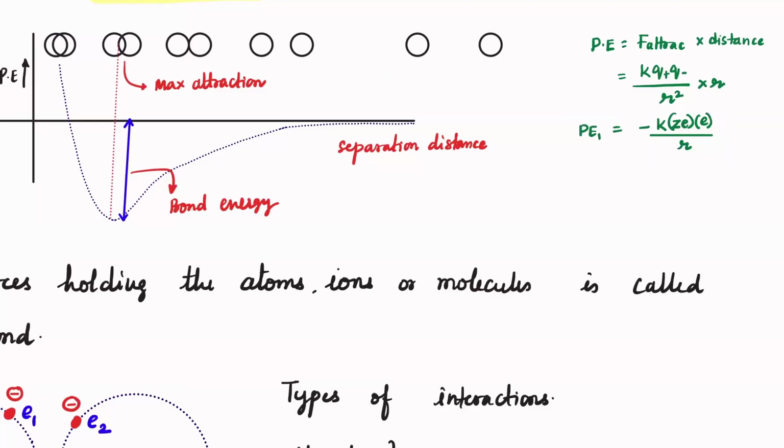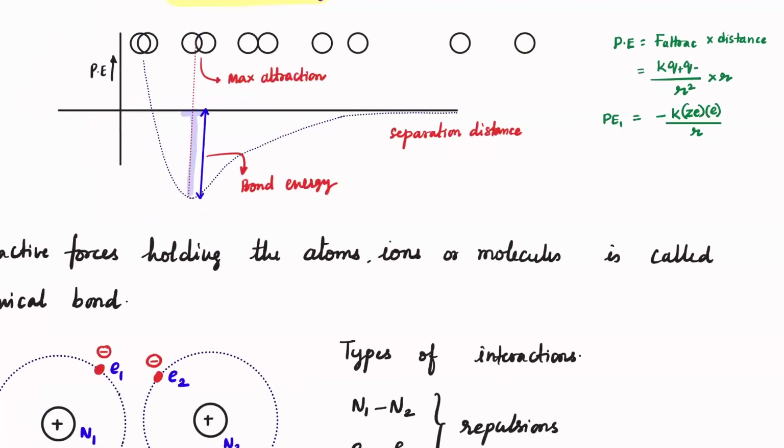Okay. So that's what I'm trying to plot here. Usually, whenever there is chemical bonding happening, the potential energy between them will start increasing in a negative value and it reaches a minimum value here. Thereafter, if you start trying to push the species closer to each other, the repulsions will dominate and potential energy drastically increases on the positive scale.